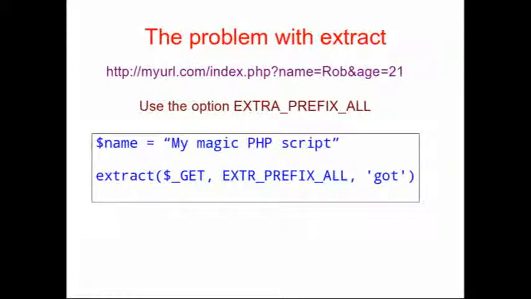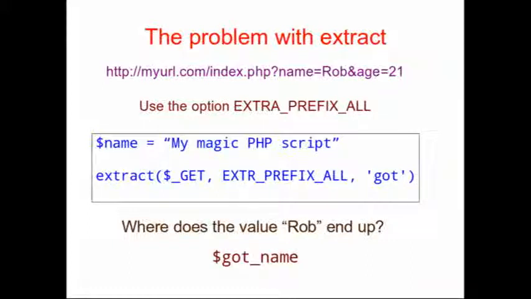The way that you do this is you provide extract with three parameters. The first one is the variable that you want to extract, in this case $_GET, but it can be any of your variables. The second parameter is the command EXTR_PREFIX_ALL, and the third parameter that you pass in is whatever you want to prefix all of those variables with. In this case, the value Rob gets assigned to a new variable, and it's called got_name.